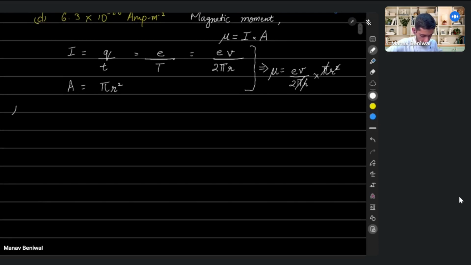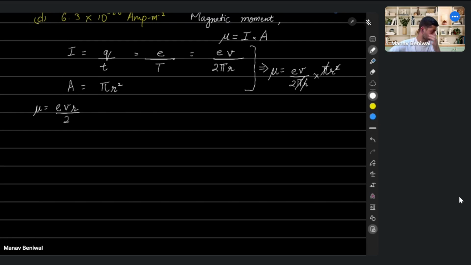So let's write here mu equals e v r over 2. So this is our magnetic moment of electrons. Okay, now what we need to find is what is the velocity and what is the radius here.